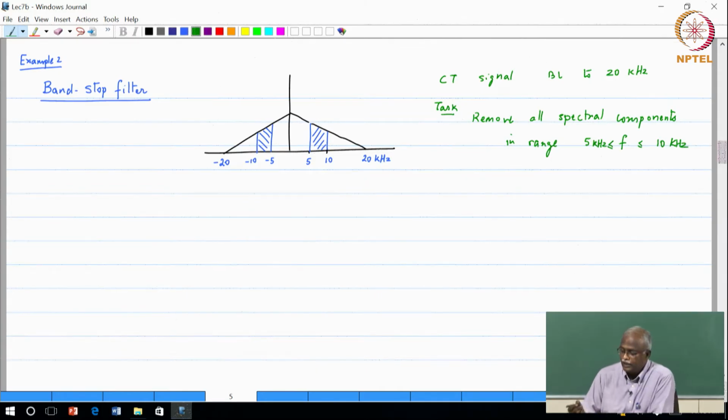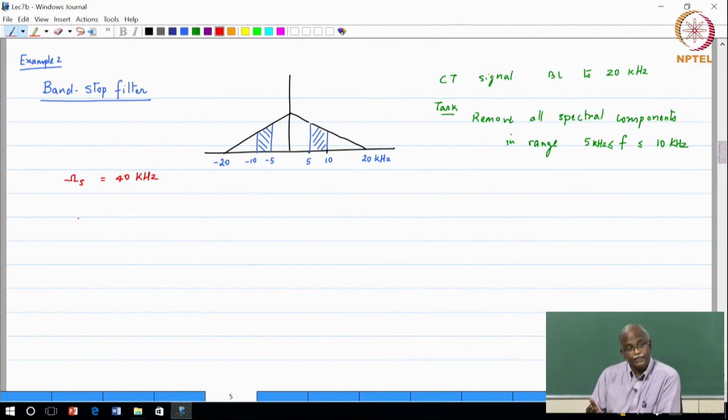And of course, we would like to use a discrete time filter to satisfy that. So, here is the sampling rate, decided to do it exactly at Nyquist just for illustration, 40 kilohertz.